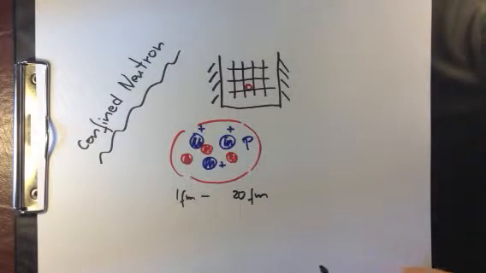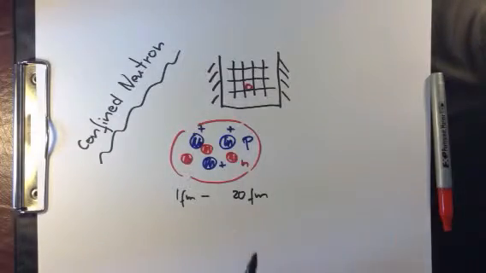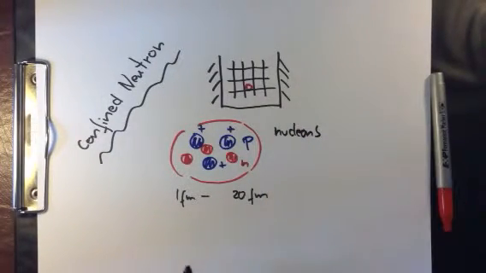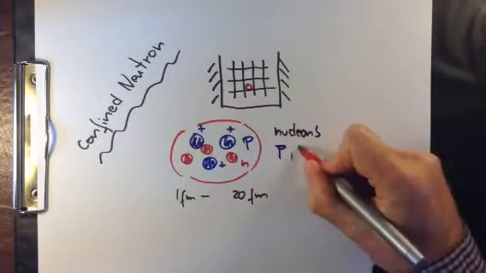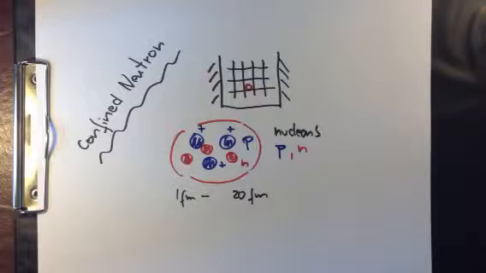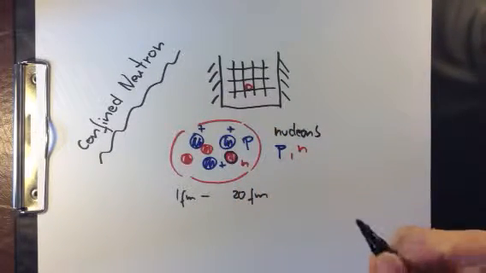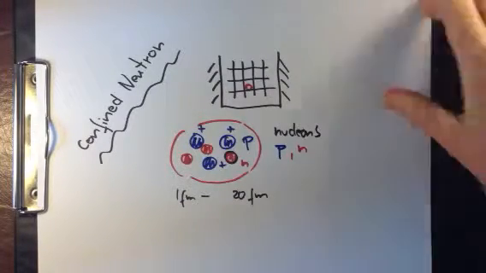And over that range the nuclear force keeps the protons and the neutrons, the nucleons, together. A single neutron is thus confined in this nucleus, and one can look at this problem quantum mechanically.